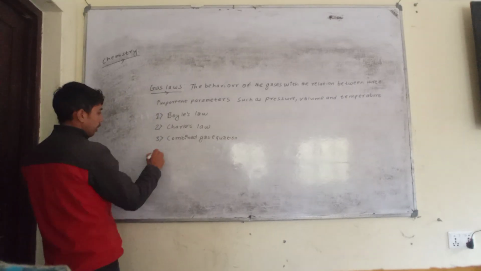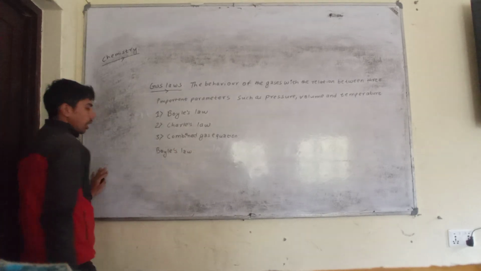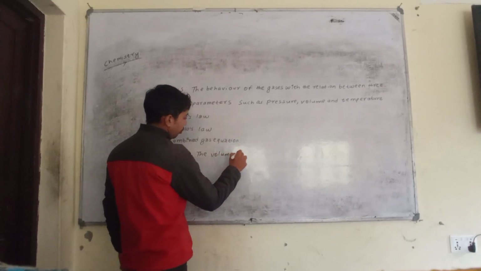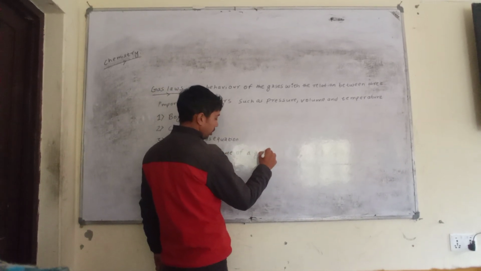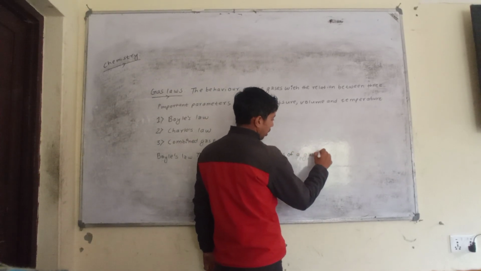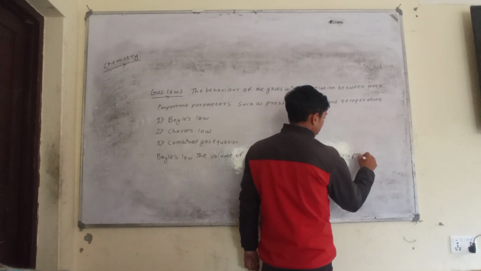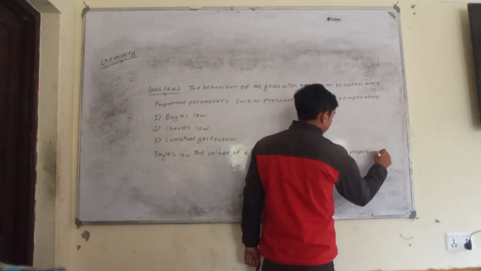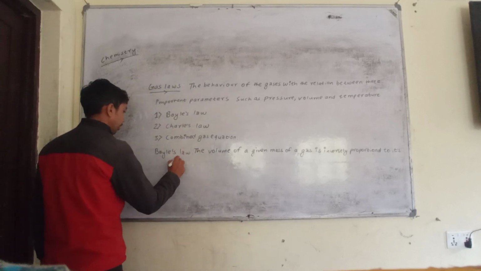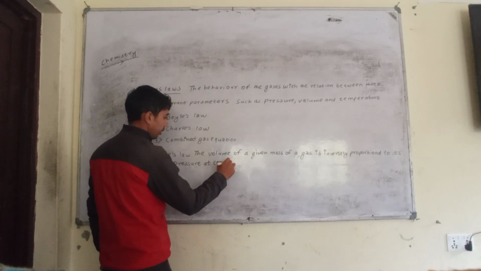First we start with Boyle's law. The volume of a given mass of a gas is inversely proportional to its pressure at constant temperature.